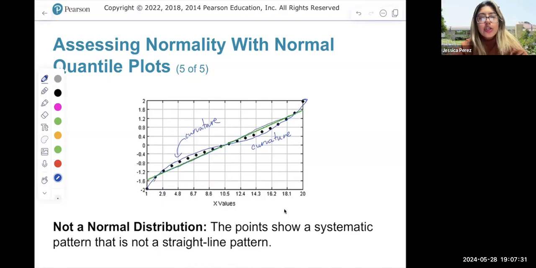So this shows a systematic pattern, but it's not a straight line pattern. It has a curve. It looks like a cubic. It goes up and then down and then up again. So this has curvature, a systematic pattern that is not a straight line pattern. So this is not normal.